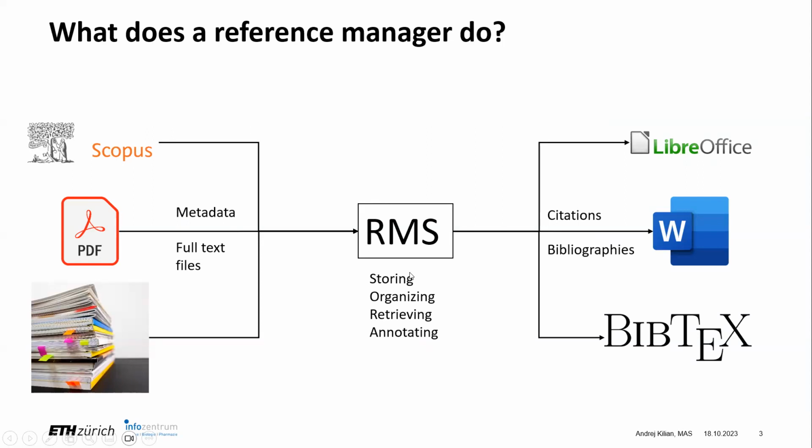You can use the software to organize them, to find the documents later again when you need them, and you can also annotate them with your own notes. And then when it comes to writing something, a paper or a proposal, you can also use the management system to edit citations and bibliographies without having to worry about every single comma.